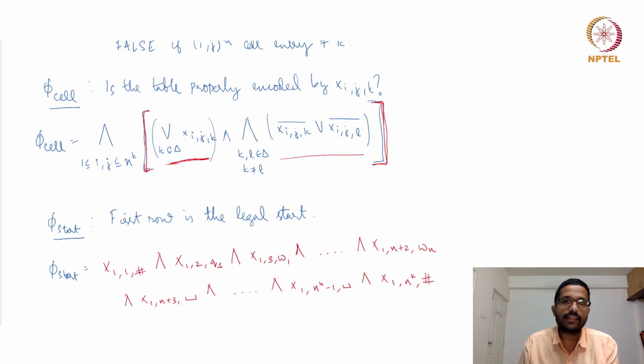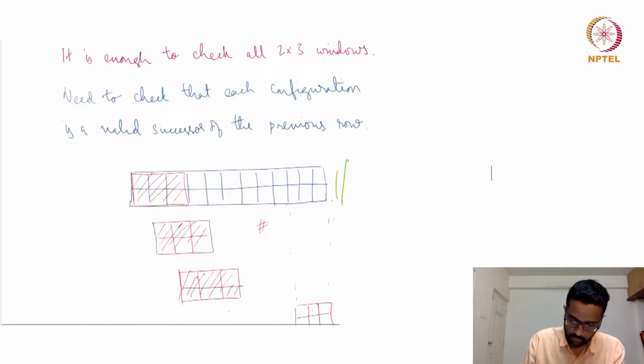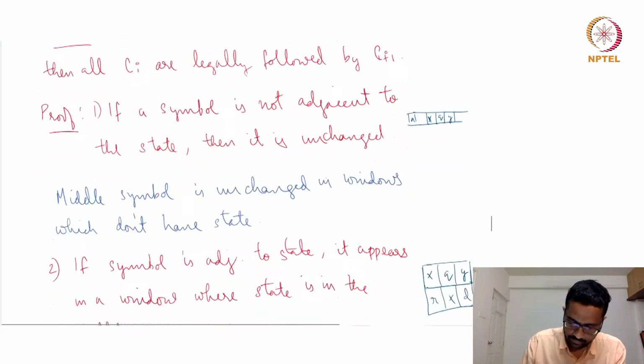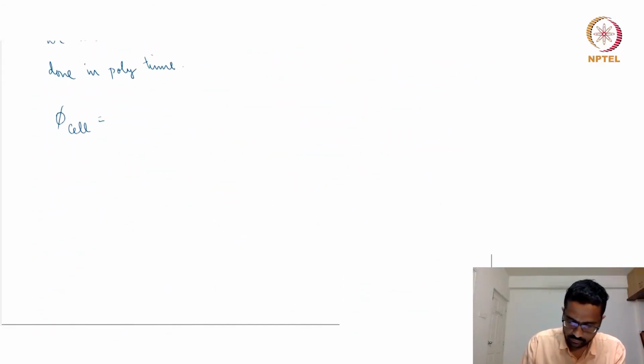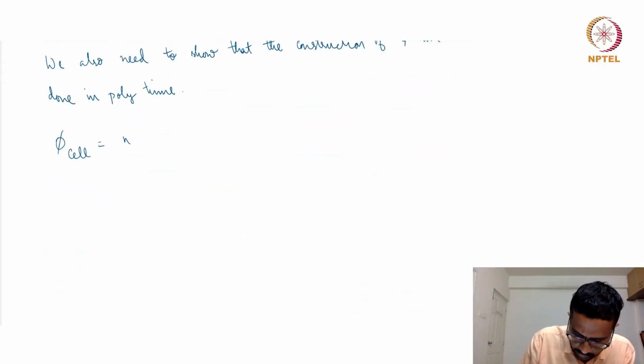But since delta is a function of only the machine, it's not a function of the input length, this is a constant size. Once i and j are fixed, this is a constant size. So phi cell is of size n power k times n power k times some delta or delta squared, which is again independent of n. This is order n power 2k.